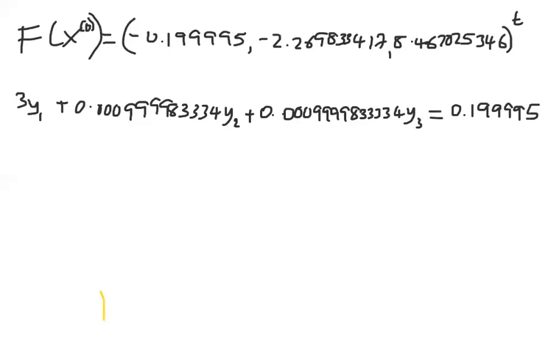You're going to do the same thing to the second row. So it will give you now 0.2y1. Okay, so I'm using this matrix J here.